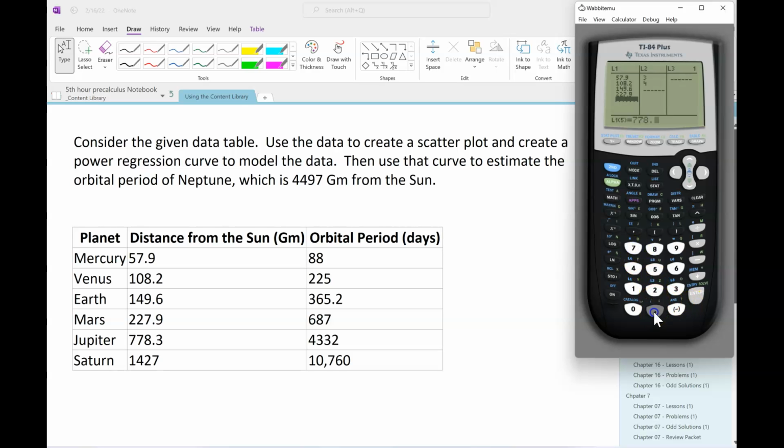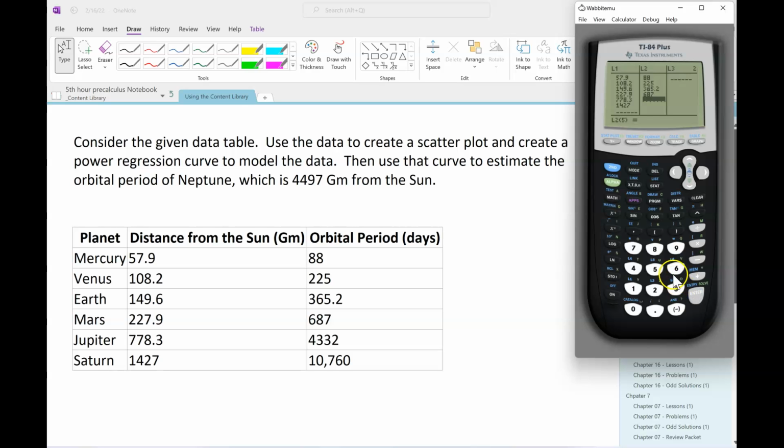So it certainly seems like the length of time it takes to orbit the sun should be dependent on how far away from the sun it is, because it has a bigger circle to travel. Now, I know that the planets don't really travel in circles. They travel in ellipses, but it's close enough.